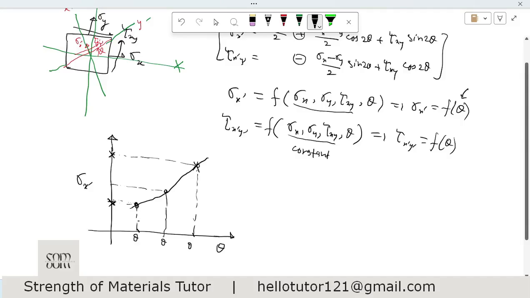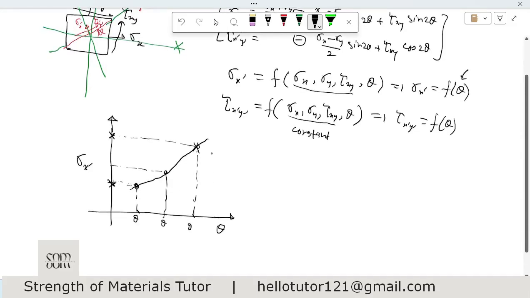So this one is sigma x prime max, maximum, and this is sigma x prime min, minimum, right?